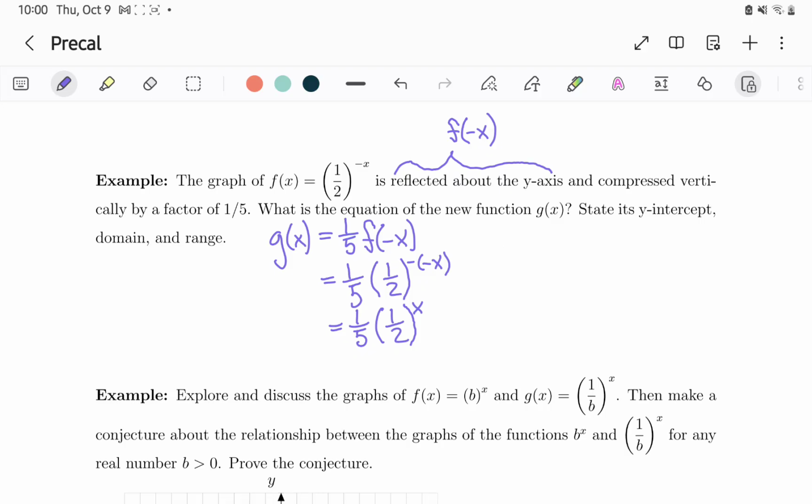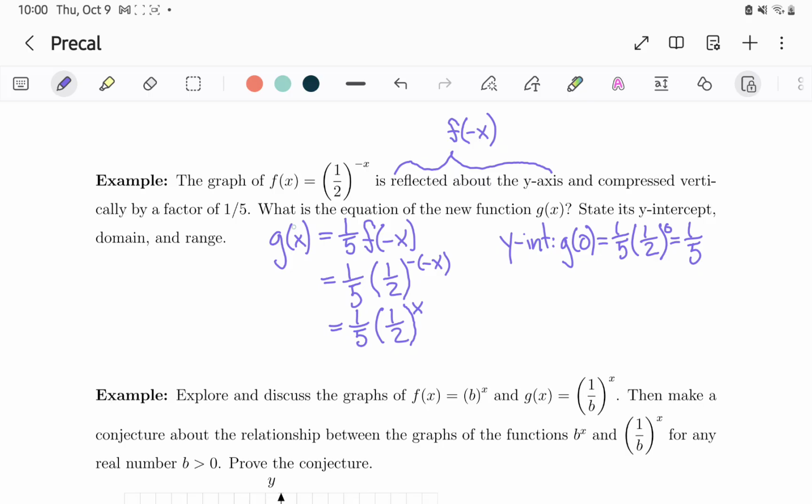Okay, and then the y-intercept for g is going to be, well, g of 0 is equal to 1/5 times 1/2 to the 0, which equals 1/5. So the y-intercept for f of x is, of course, 0, 1.